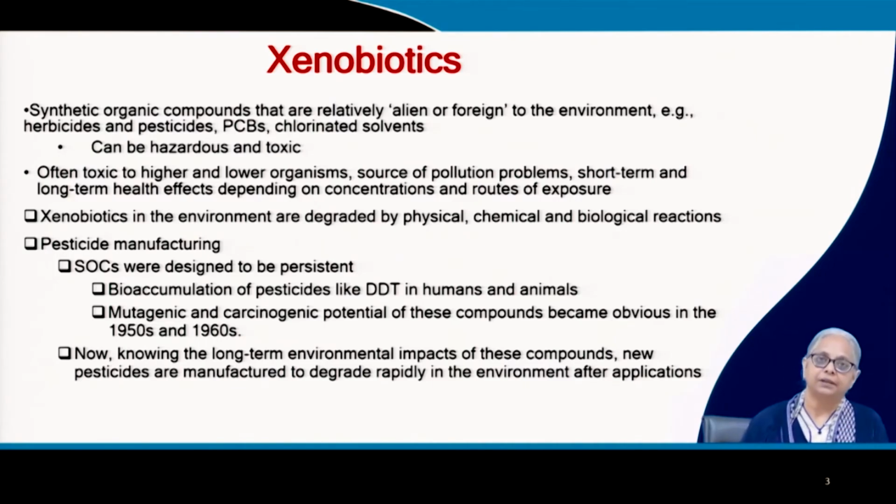And this has an impact on the biota of the environment where these synthetic organic compounds are released. So we know that examples include herbicides, pesticides, some of the polychlorinated biphenyls, chlorinated solvents. All of these are examples of synthetic organic chemicals that are constantly being released into the environment.